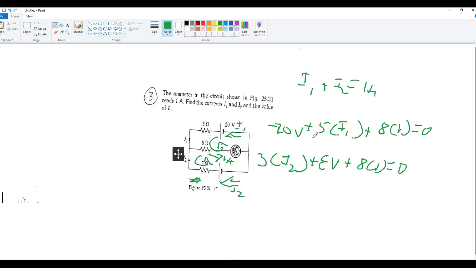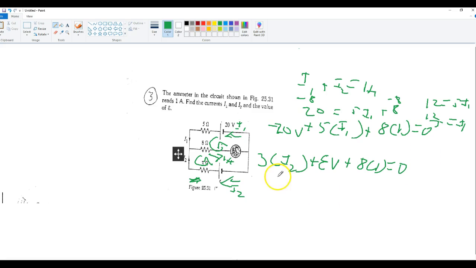If we solve for that, 20 is equal to 5I1 plus 8. 20 minus 8, 12 is equal to 5I1, and 12 over 5 is equal to I1.